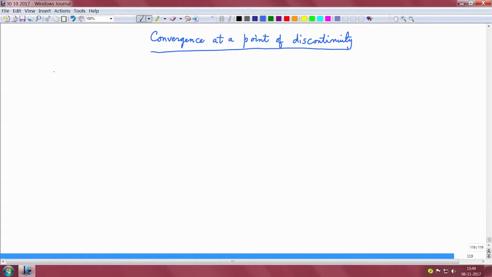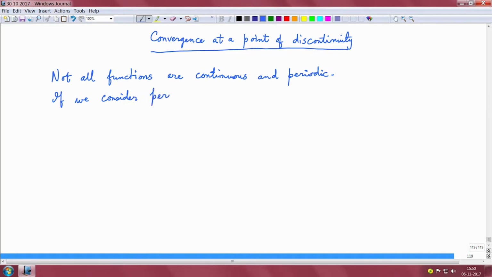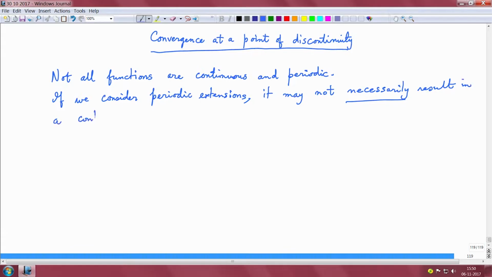The first and foremost thing that comes into your mind is that not all functions are continuous and periodic, and the other part is, if we consider periodic extensions, it may not necessarily result in a continuous function.